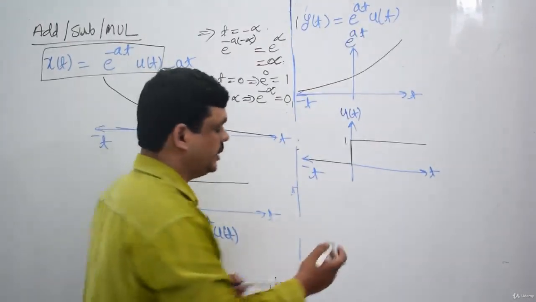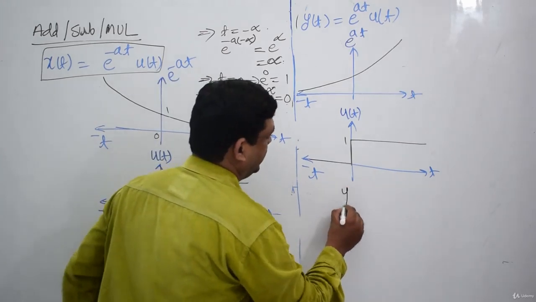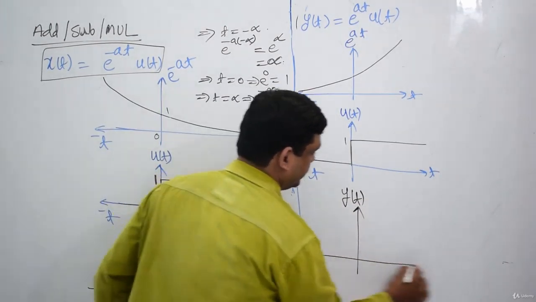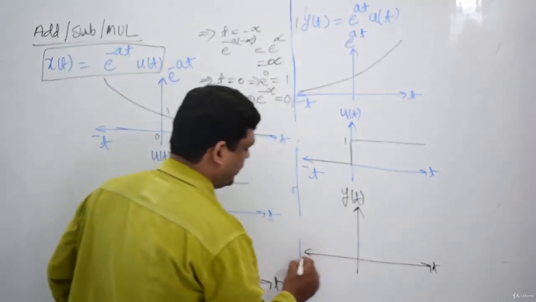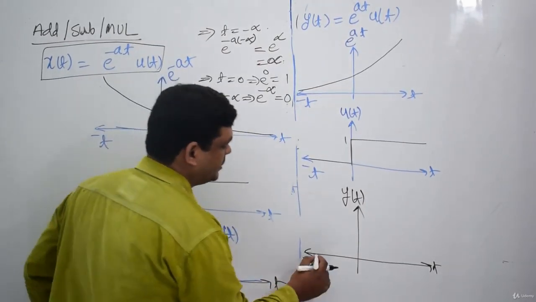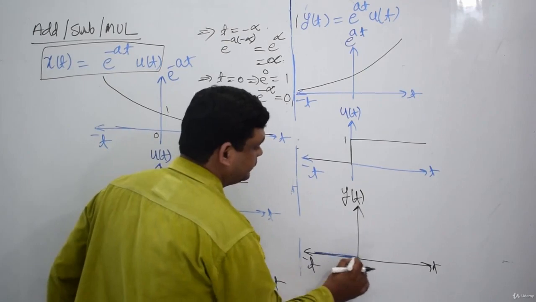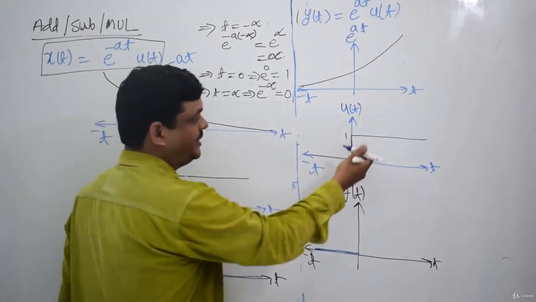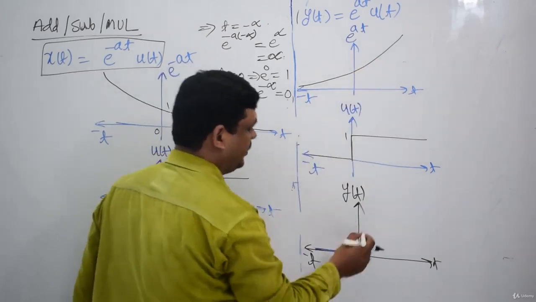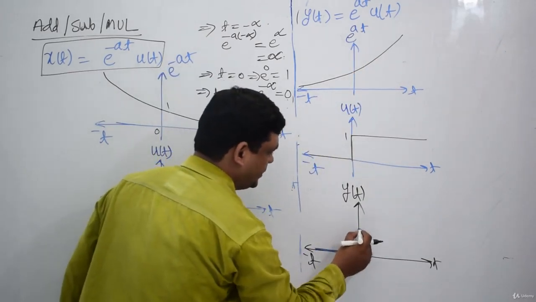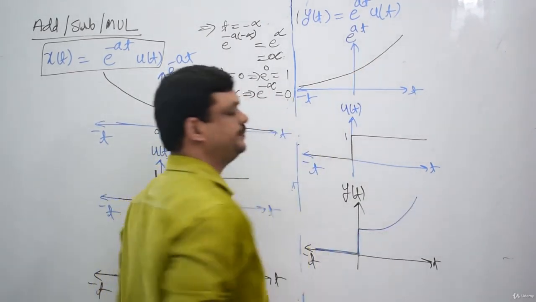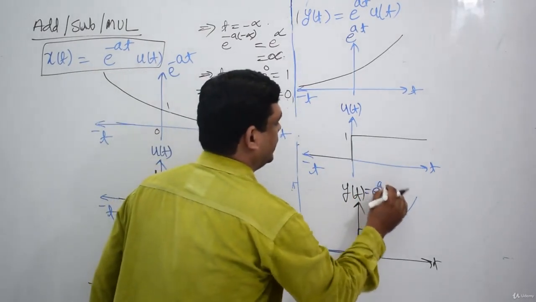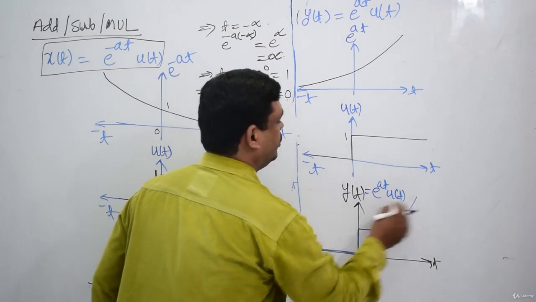So the resultant signal y of t, for the negative time axis, is not defined because 0 into something is 0, and on this side 1 into e to the power of at stays as it is. So this function is e to the power of at into u of t.